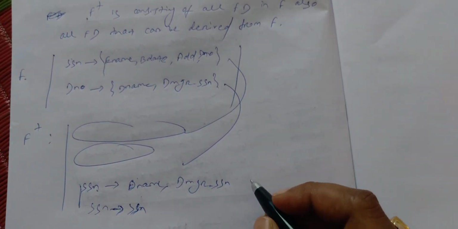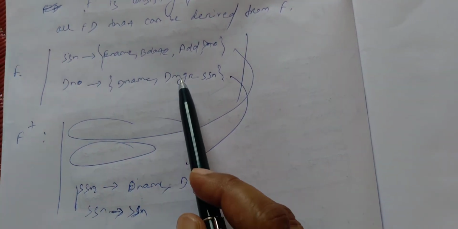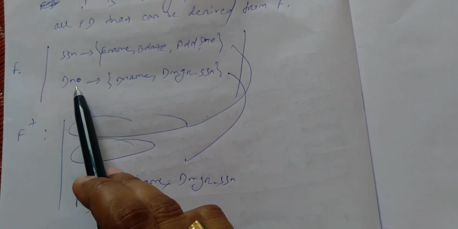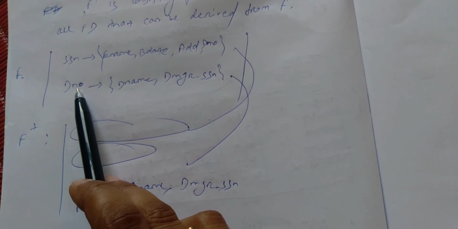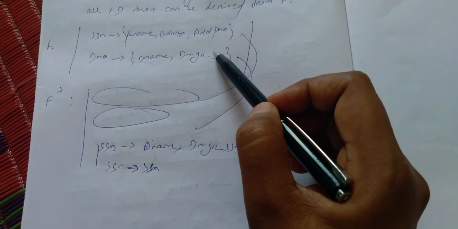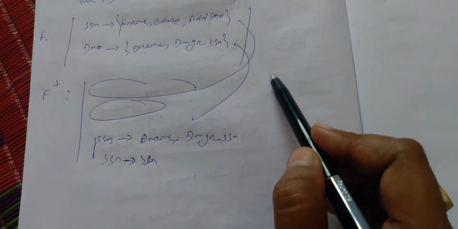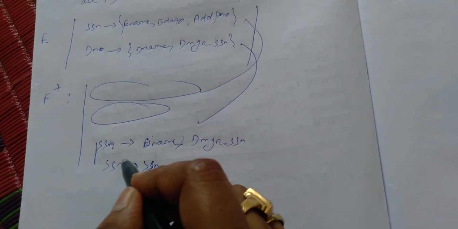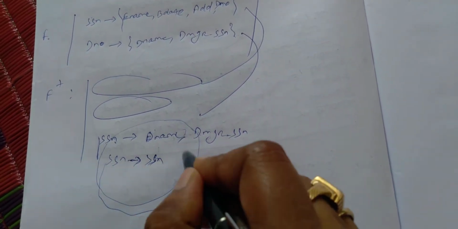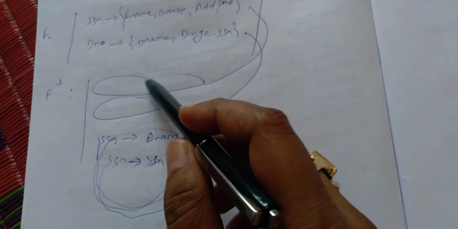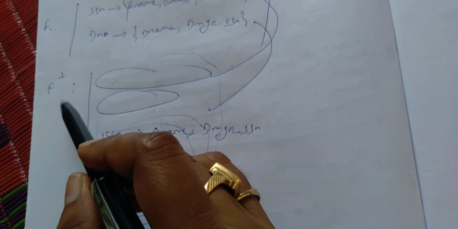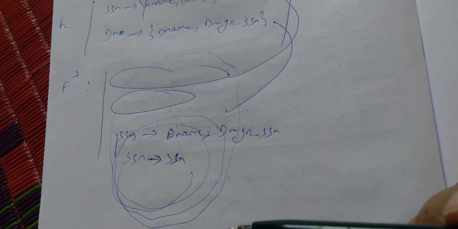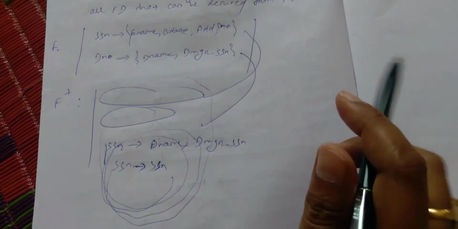This was not there originally in your functional dependency set, but you got it using some kind of rules. So derive as many as possible from these two, and the combination of all will be the closure of F.